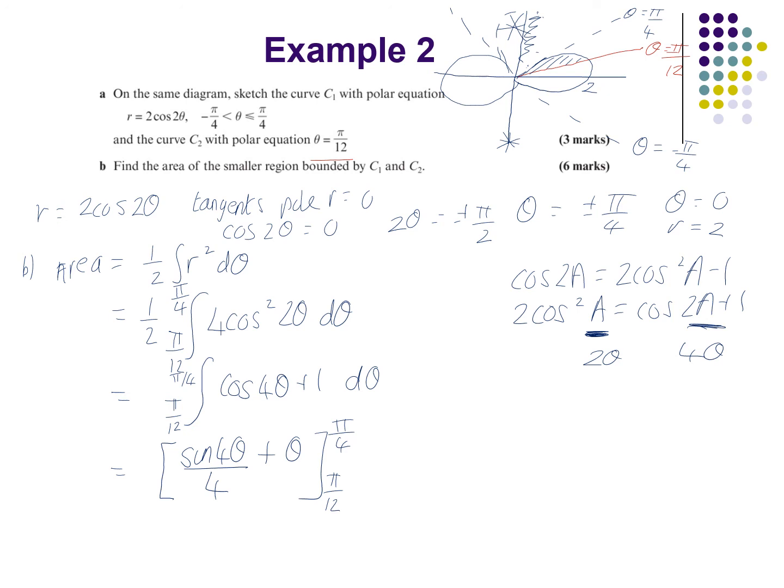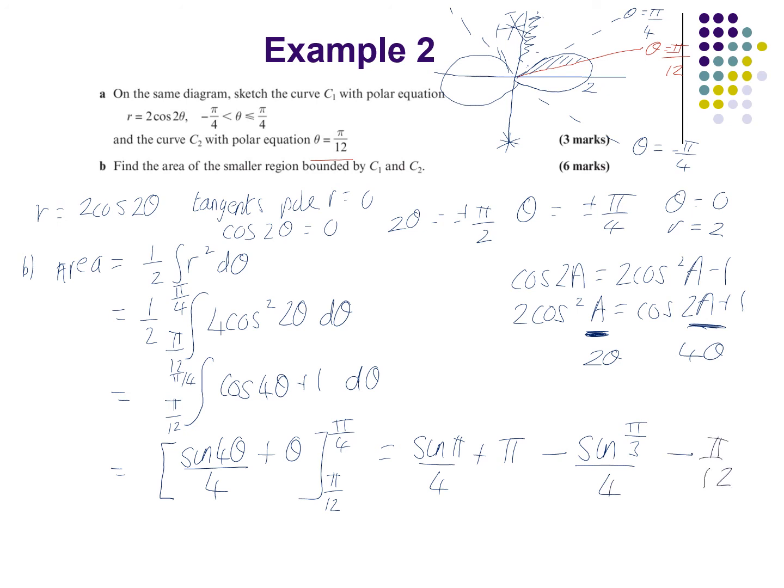Okay, pop in your limits. So what do I get? I get sine of pi over 4 plus pi, minus sine of 4 pi over 12, which is pi by 3. Remember the over 4. Remember it's a minus as well, minus pi by 12.